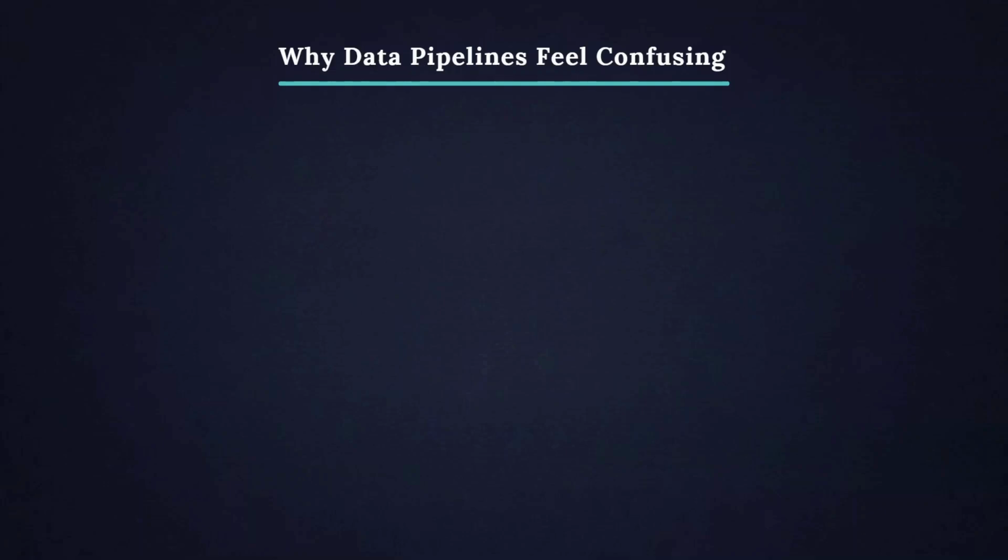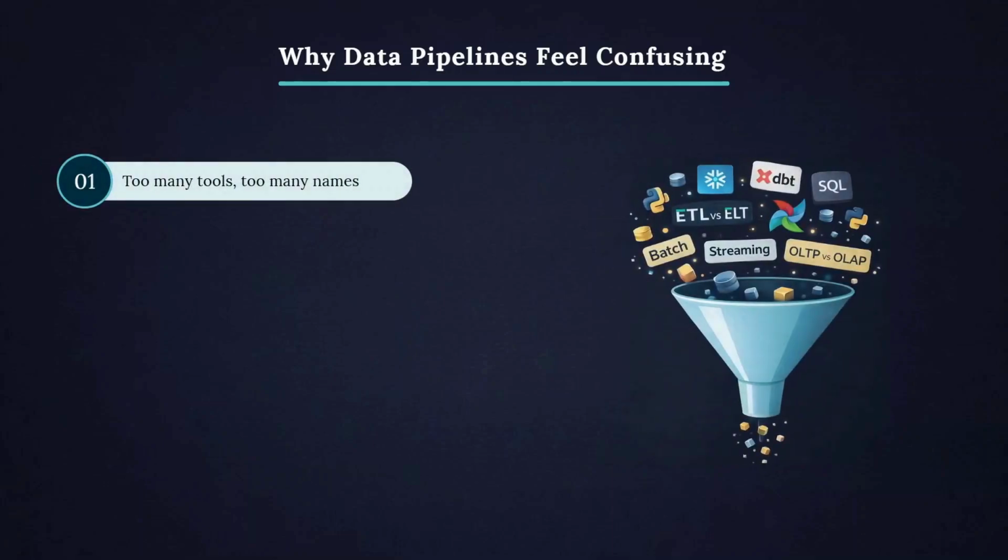Before we talk about how data pipelines work, let's first understand why they often feel confusing. For many people, it starts with too many tools, too many names. You have heard the terms like SQL, ETL, ELT, batch, OLTP, OLAP, often all of them at the same time.